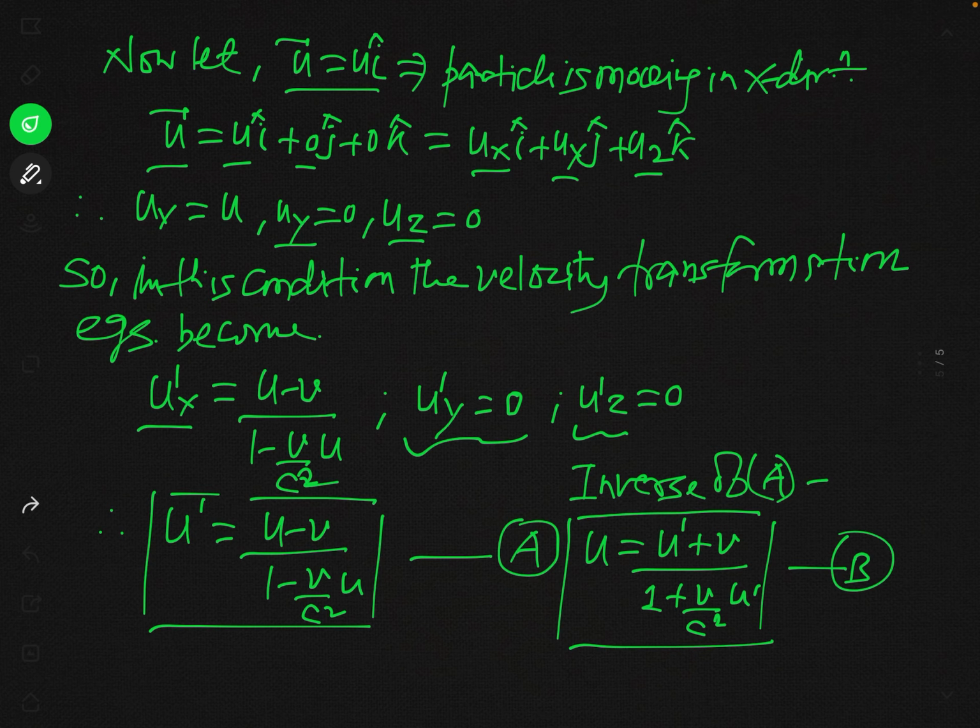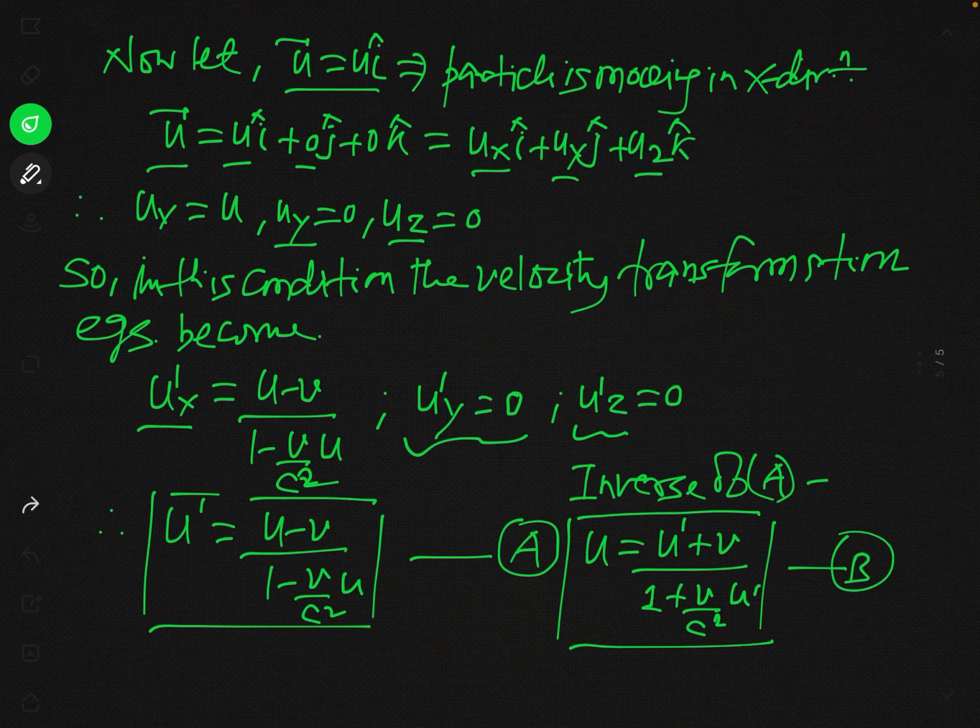Now you can see, as I have told you earlier, that the Galilean velocity transformation equation is not consistent regarding the fact that the velocity of light, or the magnitude of velocity of light, which is called speed of light c, is not the same in different inertial frames in accordance with the Galilean velocity transformation equation.